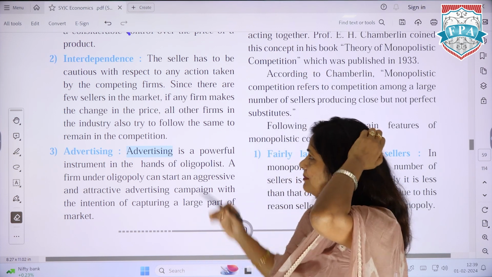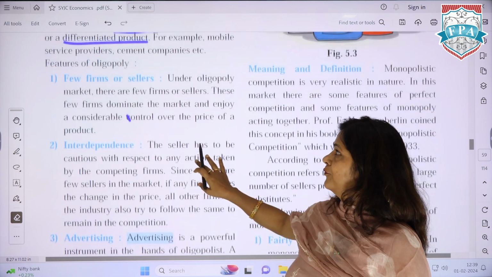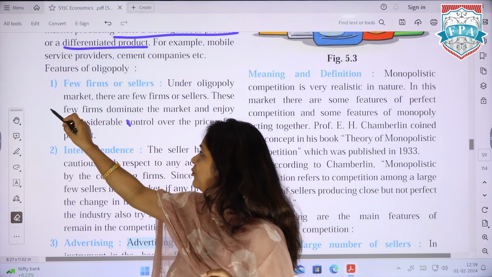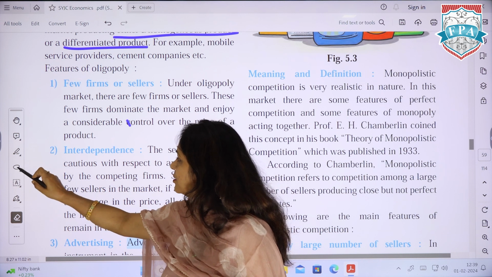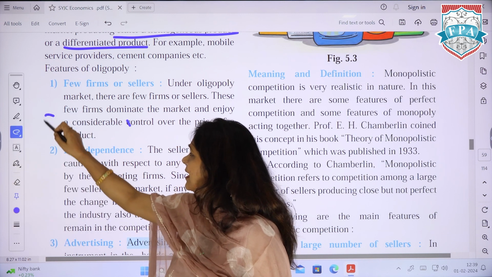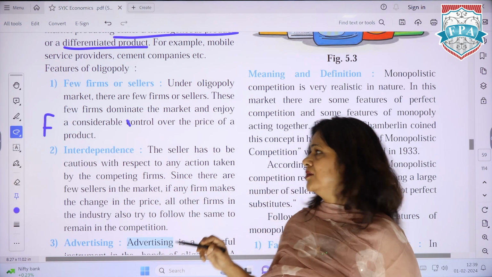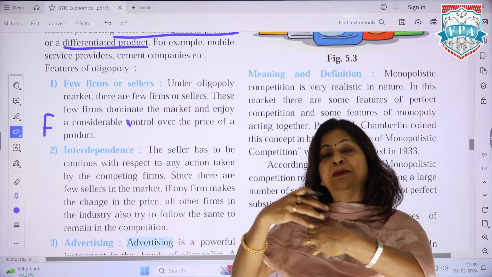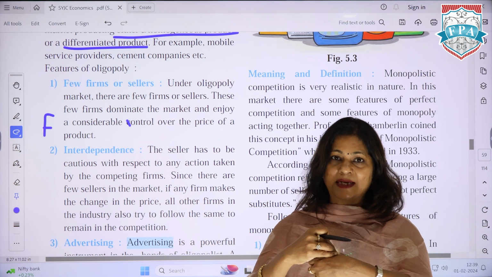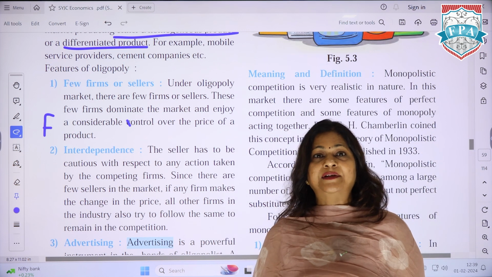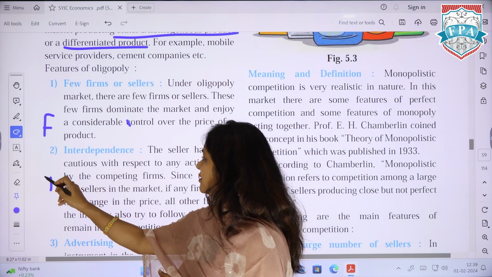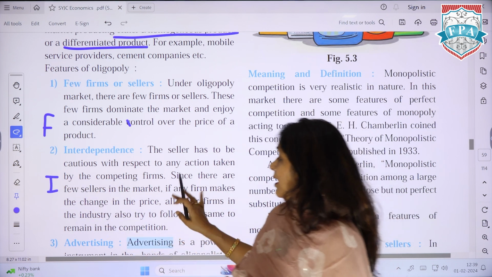So if I remember the features of oligopoly, first, few sellers or few firms are there. So can I take up F? Few sellers, that's the basic characteristic. When there are few sellers, of course, they are going to be dependent on each other, right? Because the whole market needs to be catered by these sellers. So they are interdependent on each other, right?